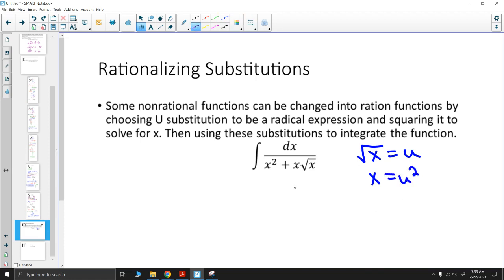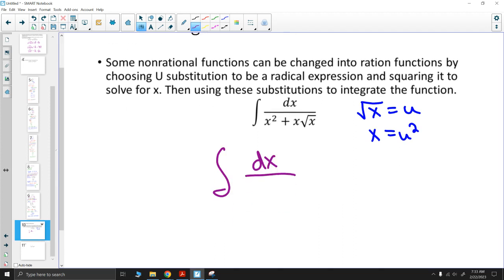So we can write this as dx over our x squared, so x squared would be u to the 4th, plus our x is u squared times square root x, which is u.